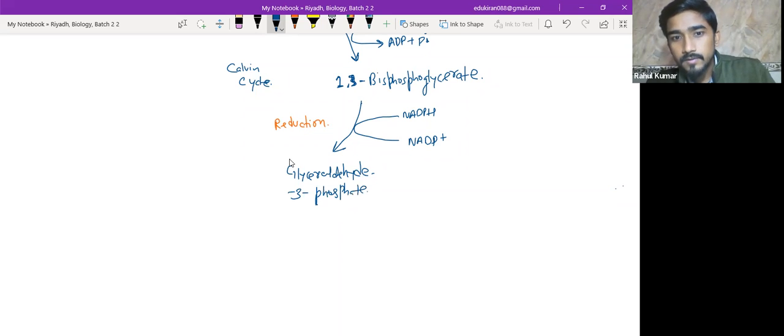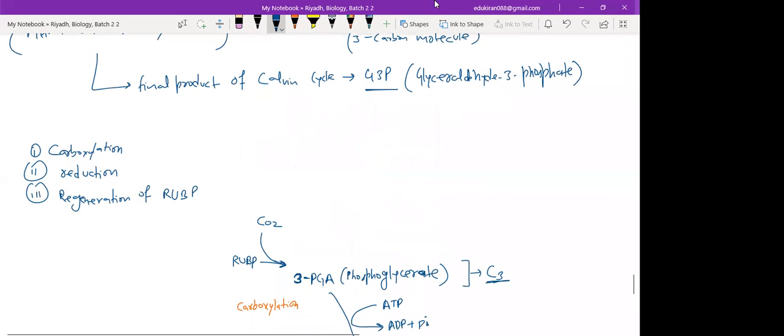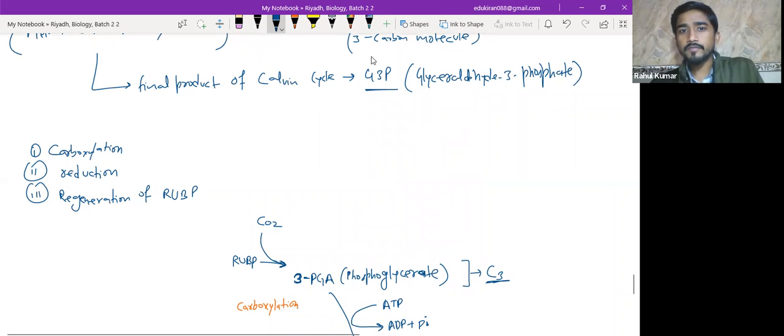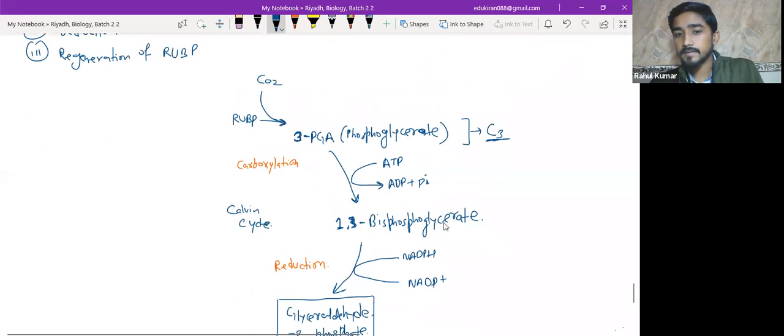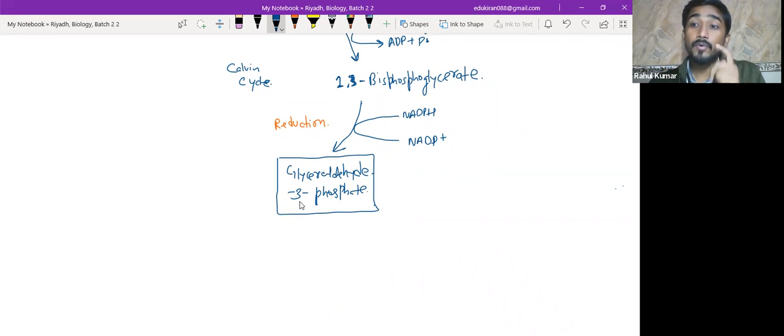Remember this molecule, this name? I just dictated something about it above. The final product of the Calvin cycle is this, glyceraldehyde 3-phosphate. So after reduction, we reach the final product of the Calvin cycle, correct?